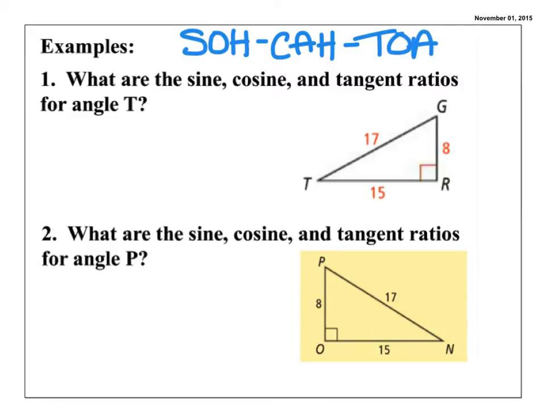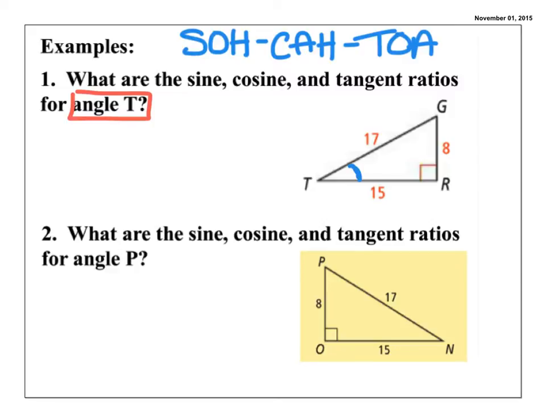The first piece of information you have to have in a trig question is a reference angle. You've got to identify your reference angle either in the problem or on the diagram. Sometimes it is marked on the diagram, sometimes it is given to you in the actual question. In this particular problem, it's given to us in the question. So I know that my reference angle is angle T, so I'm going to mark that angle because that's going to determine my side labels.